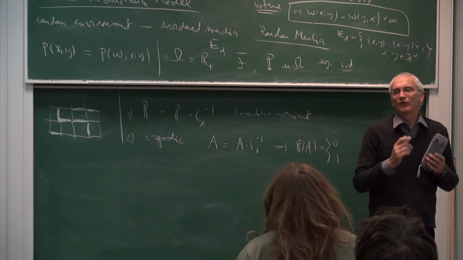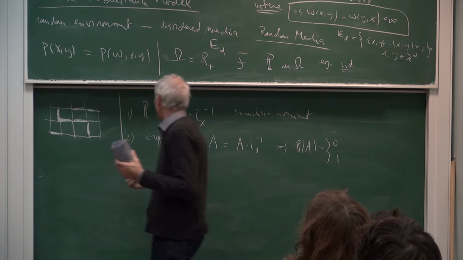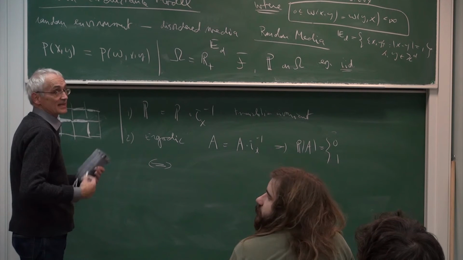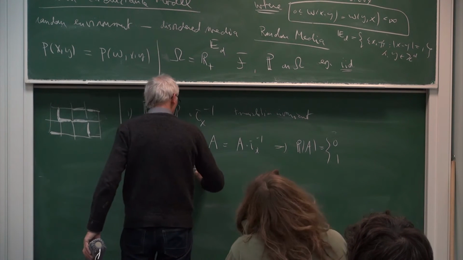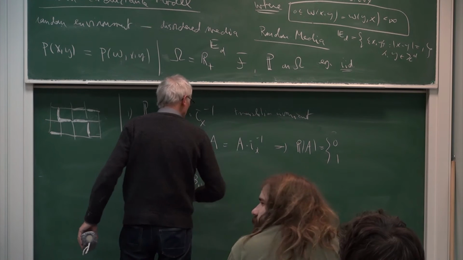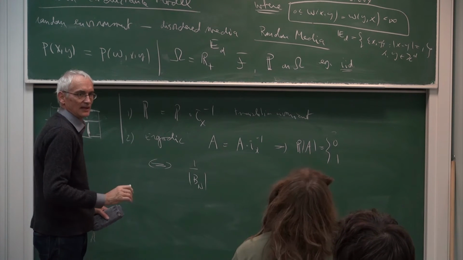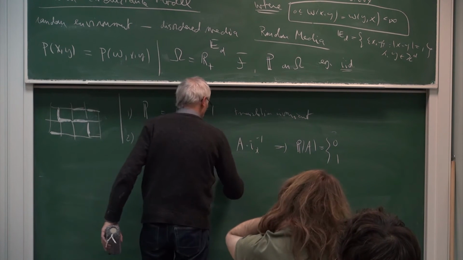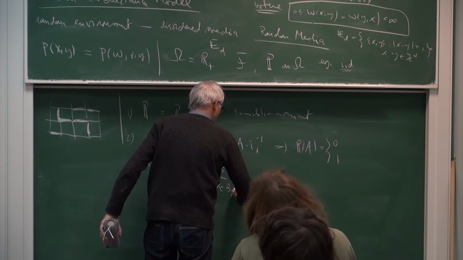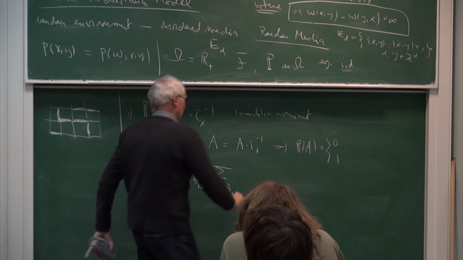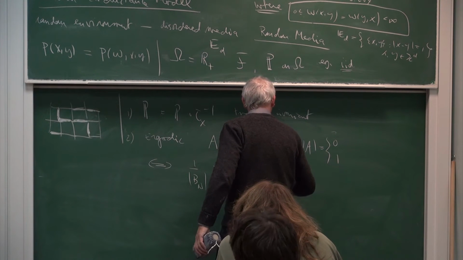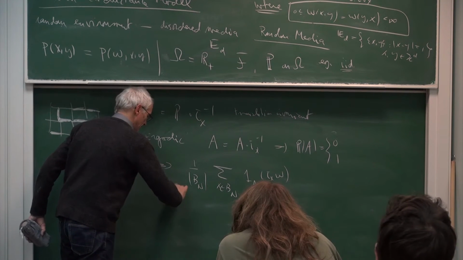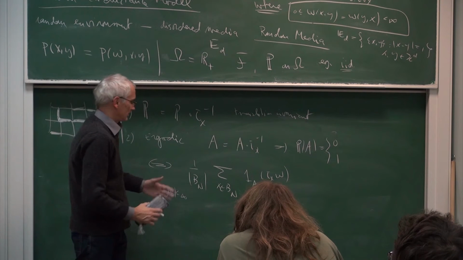But think of the following, and that's even more important. Ergodicity is equivalent to the following fact. If you sample in a big box, so I take a big box of size n, so B_n for me is always a box of size n, and then I just count how many times I can find my shifted configuration in a set A, where A is some finite set.